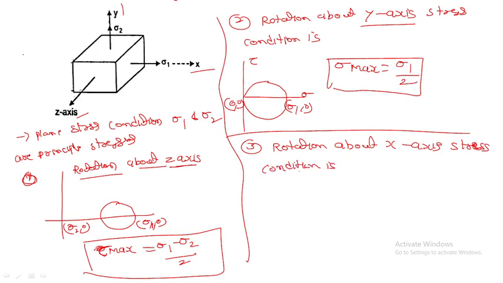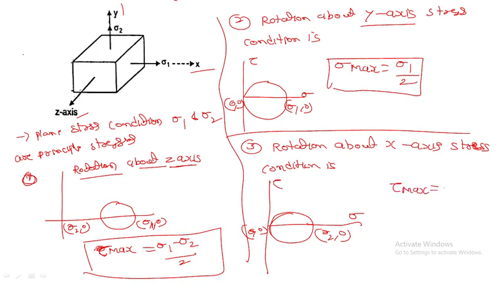This is the diagram I can draw so that you can understand easily, right? So this is the value 0 comma 0, and this one is the second stress, σ2 comma 0. This is shear stress, normal stress. So tau max, or maximum shear stress, equals σ2 by 2. This is the important point you have to remember.